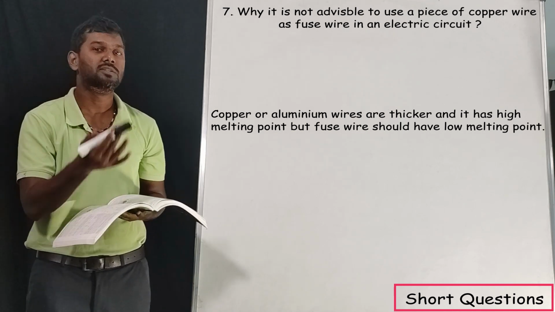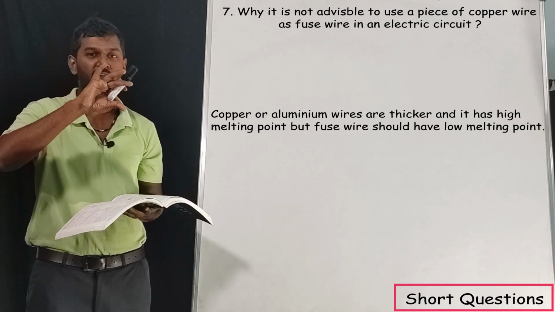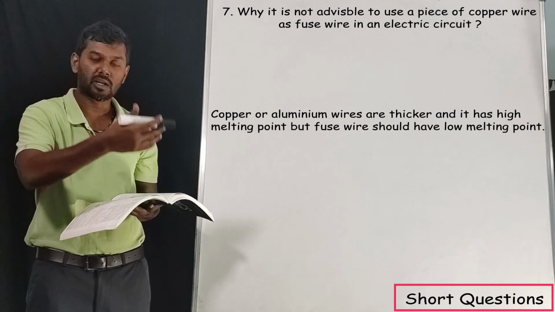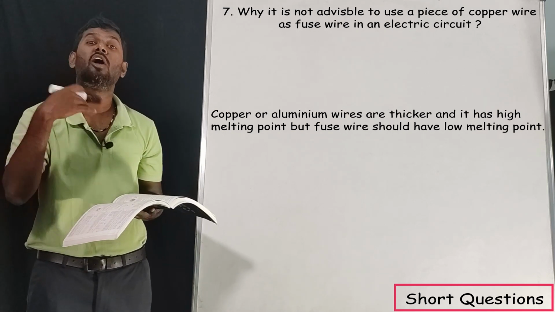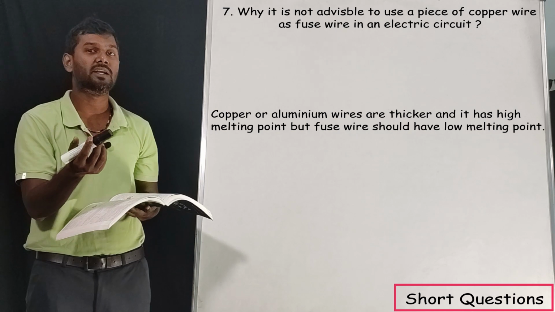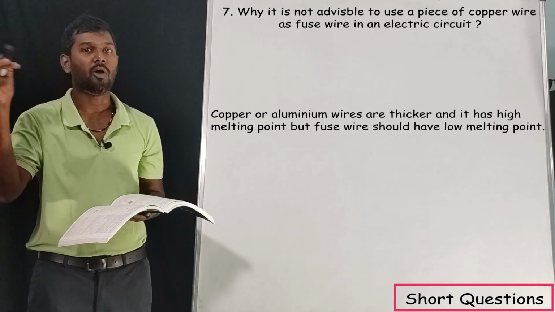What is the use of a fuse? Just to safeguard the appliances, it will melt in case of high current. Even though there is a high current, if we use aluminum or copper, it will not melt, because it is very thick and has a high melting point.